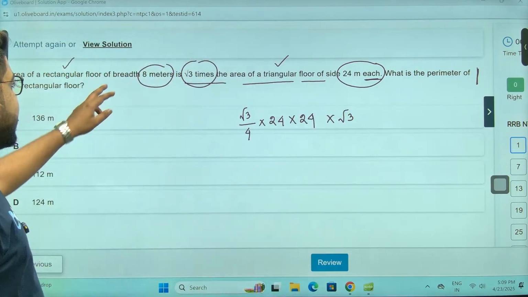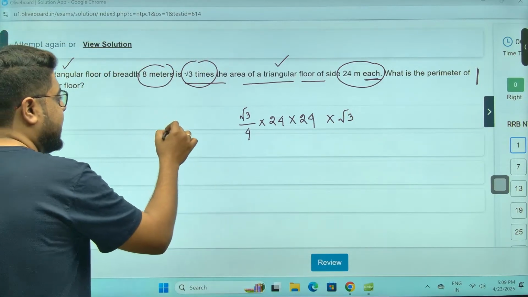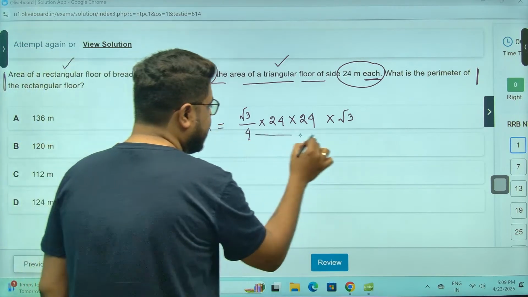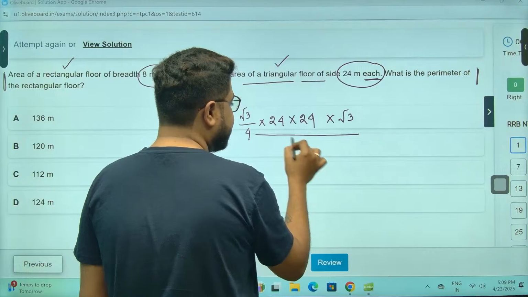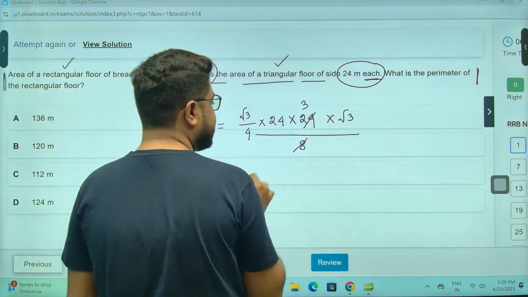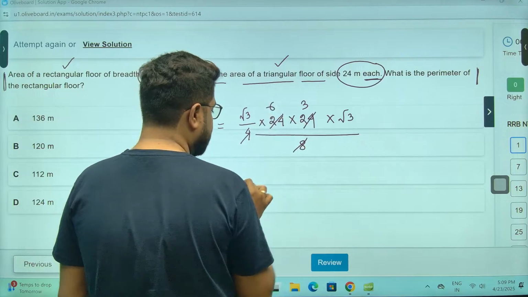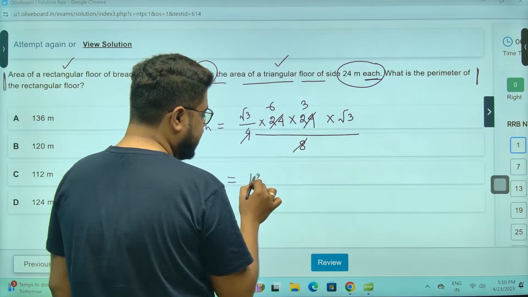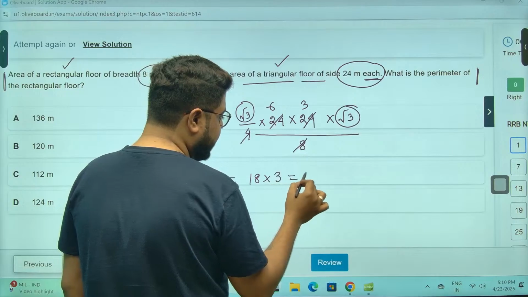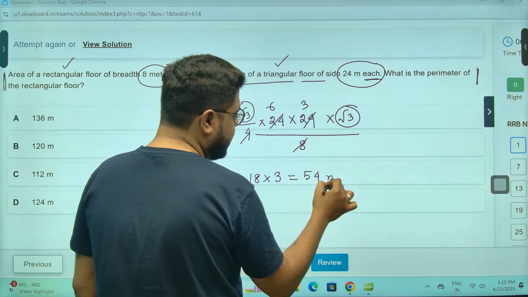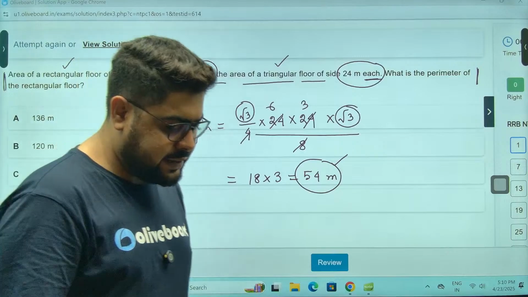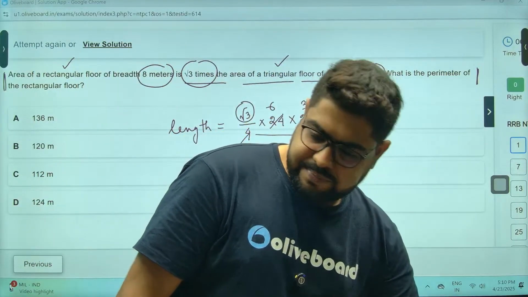Now the breadth of the rectangle is 8, so the length will be the area divided by the breadth, that is 8. Let's calculate, sir. 8 threes are this, 4 sixes are this. So 6 threes are 18 into root 3 means 3, that is 54 meters, not centimeters, right?